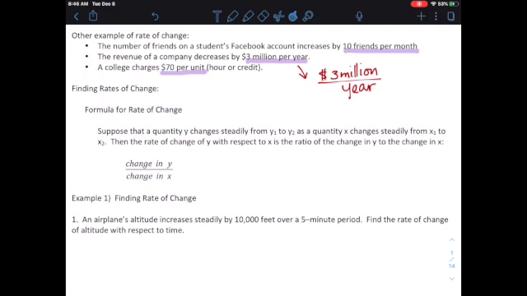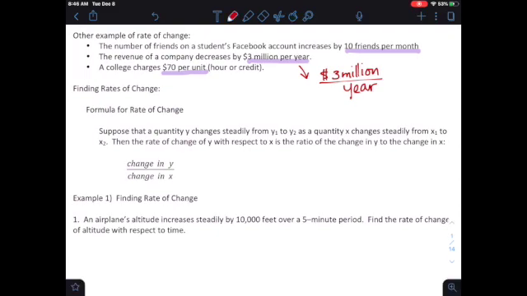So pretty much you have seen this before, maybe even in physics class. They will have change in y over change in x. Okay, and then you can do that in your head in this case, or you can write it out.